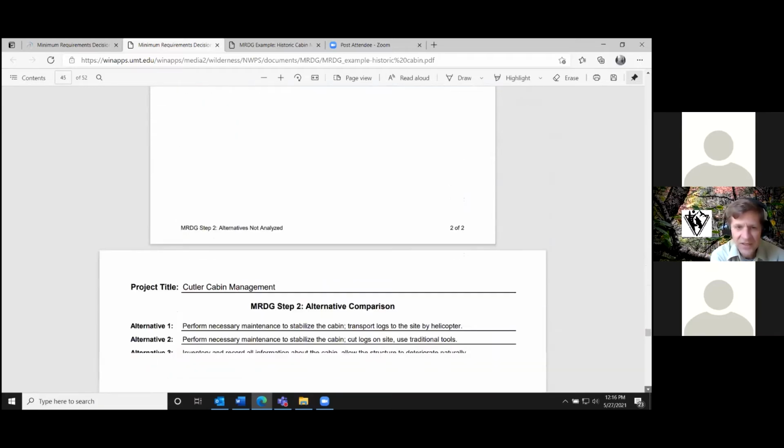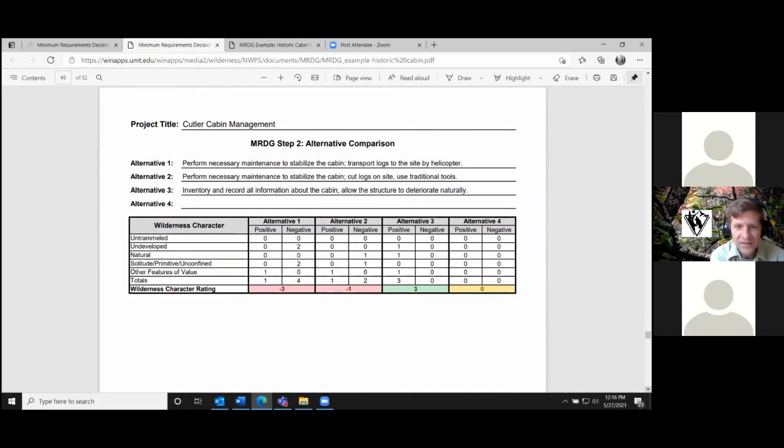And you should see it. So this is the alternative comparison, and you can see alternatives 1, 2, and 3 have a numerical score.